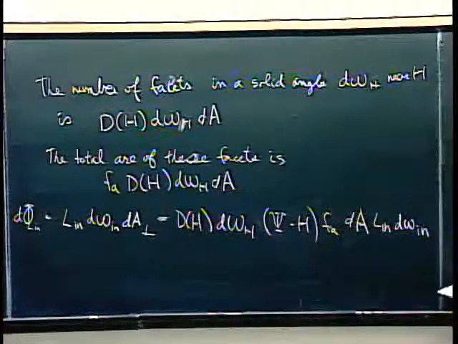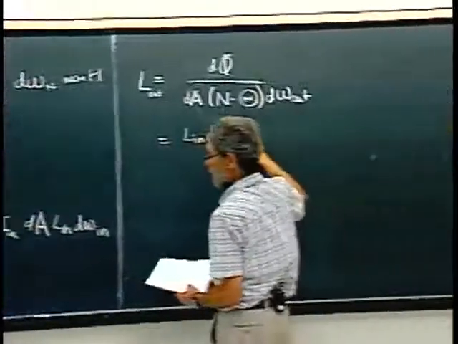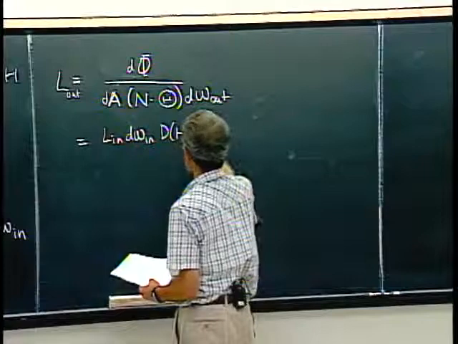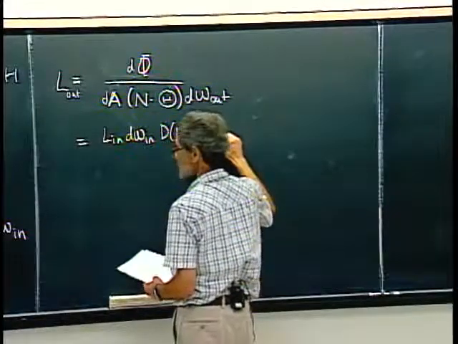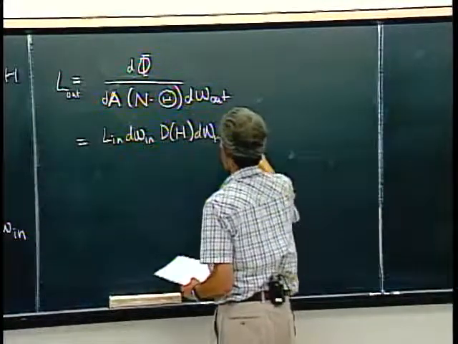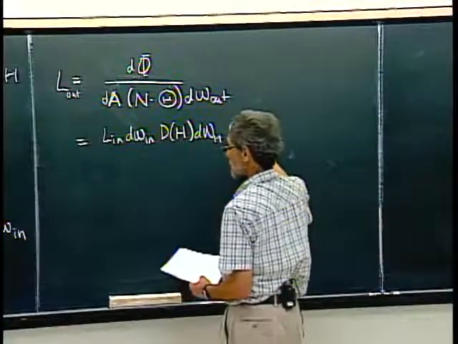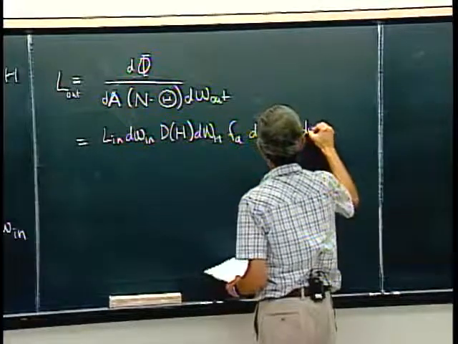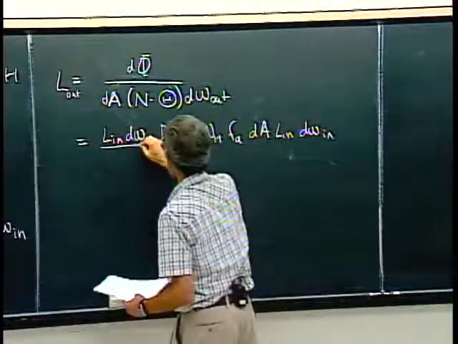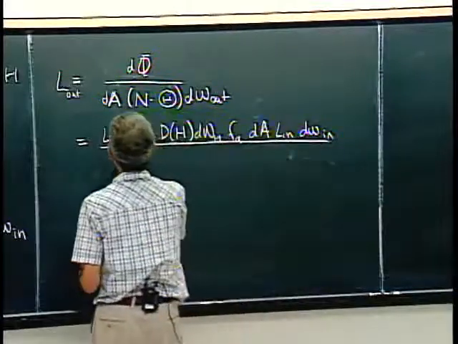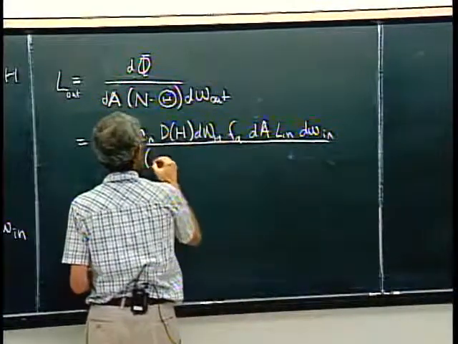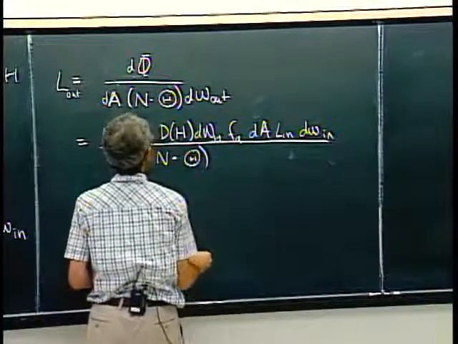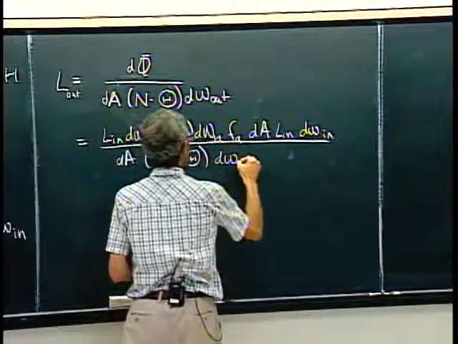So I have L in d omega in times the facet density, times the solid angle of the facets, times the area of each facet, times dA, times L in d omega in. And in the denominator, I also have a dA, and I have an n dot theta, and I have a d omega out.